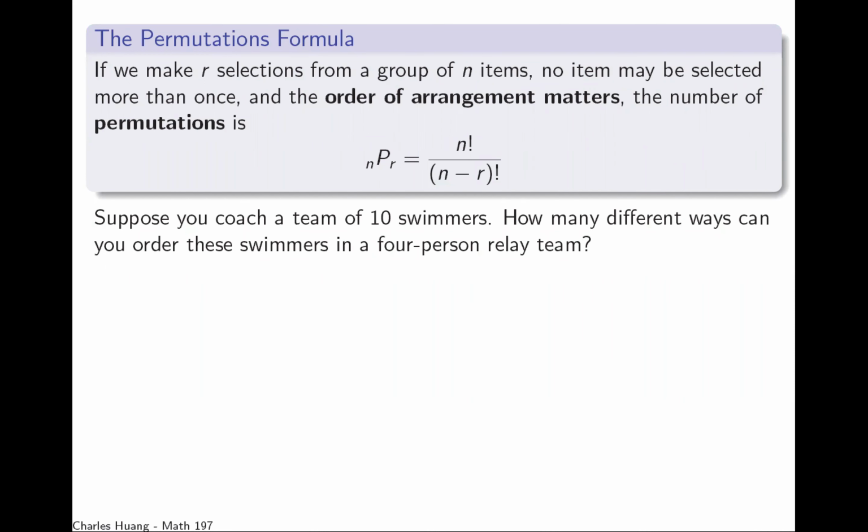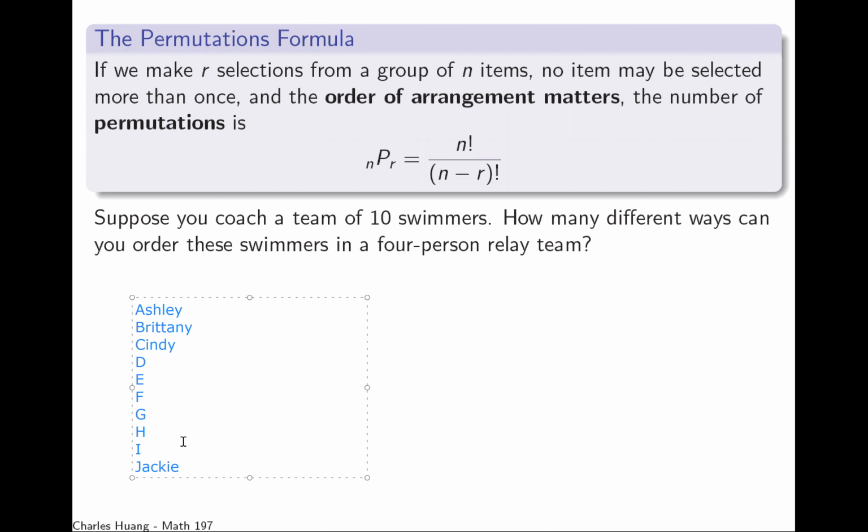Now, perhaps we have 10 different swimmers on our team, right? We don't just have our 4. So we don't just have Ashley, Brittany, Cindy, and we have D, E, F, G, H, I, and perhaps we have Jackie.